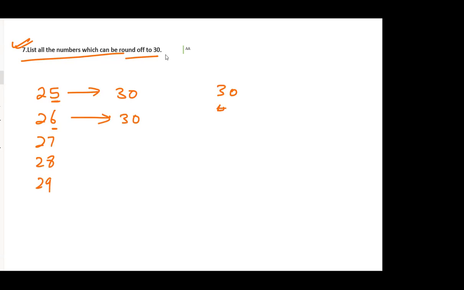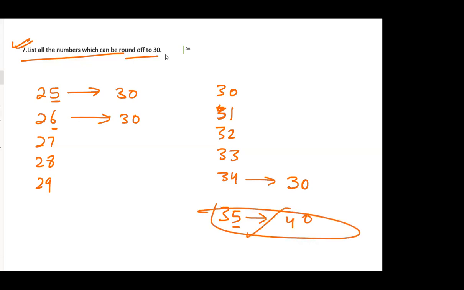Then 31, then 32, 33, 34. So up to 34, if we round off, we'll get 30. But if we round off 35, then we'll get 40. So 35 is not there in this answer.